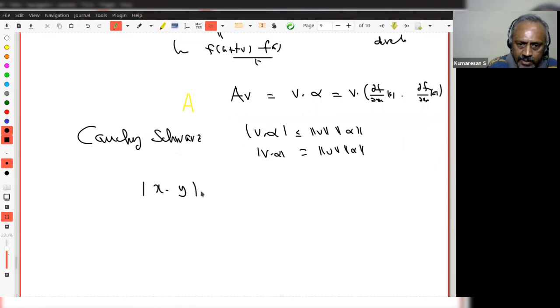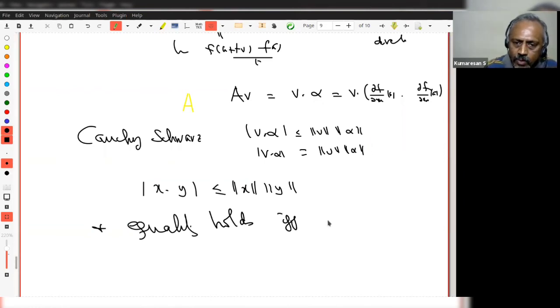Modulus of x dot y is less than or equal to length x into length y, and equality holds if and only if one of them is a scalar multiple of the other. Either y is tx or x is some s times y.